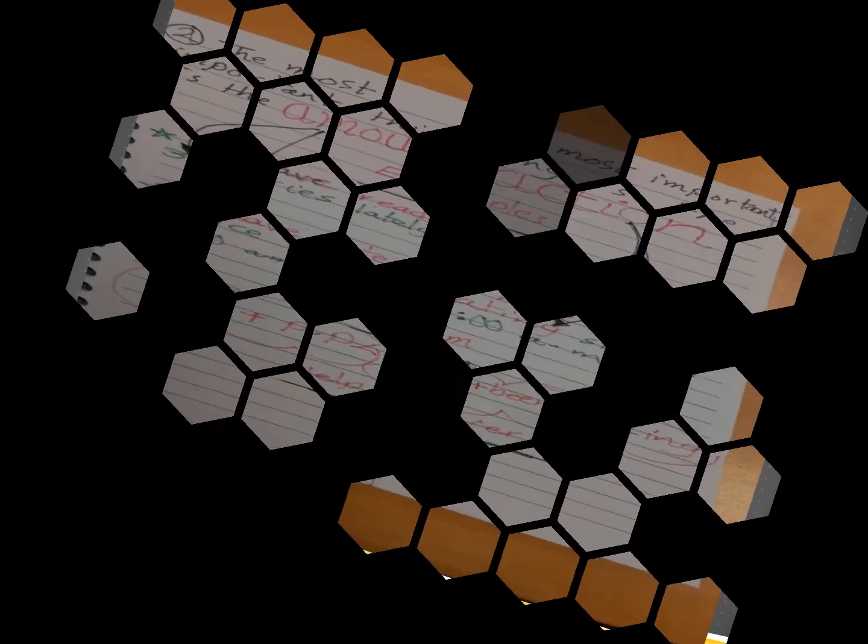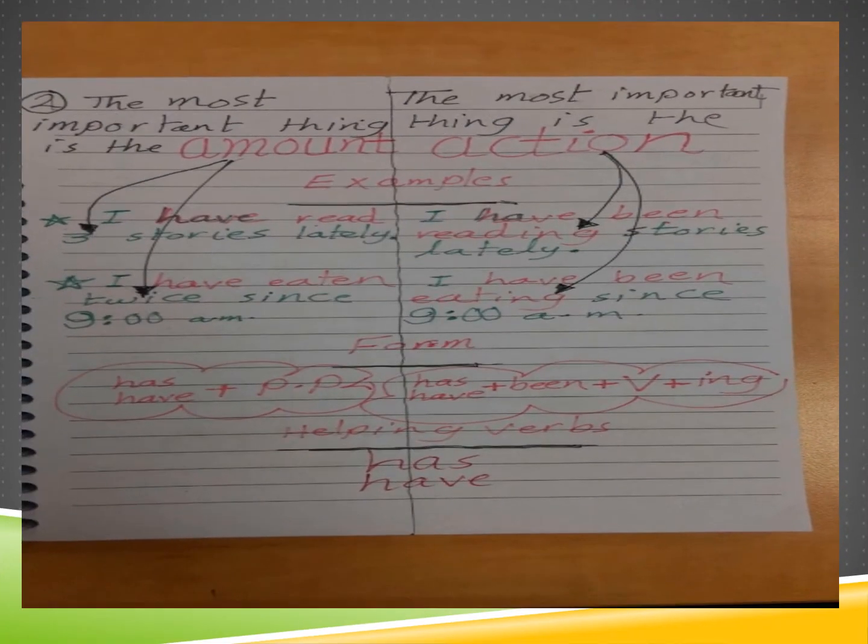How to differentiate between the present perfect simple and the present perfect continuous. Look at these two words, amount and action. If the most important thing in the sentence is the amount, you use the present perfect tense.